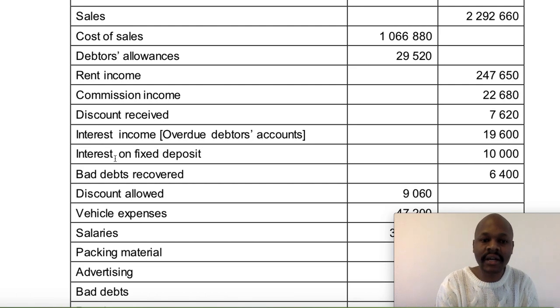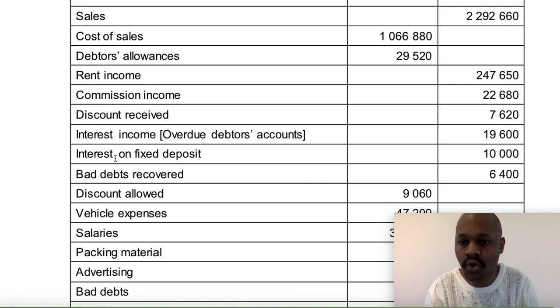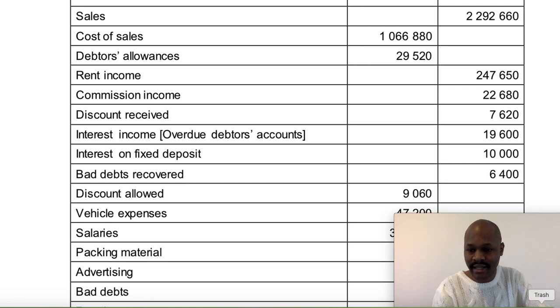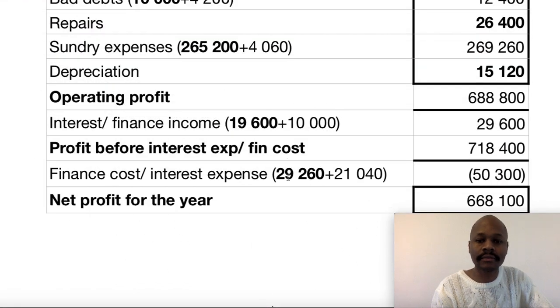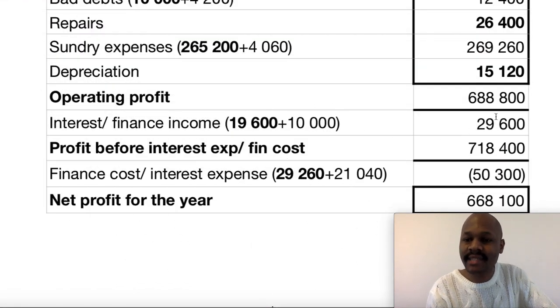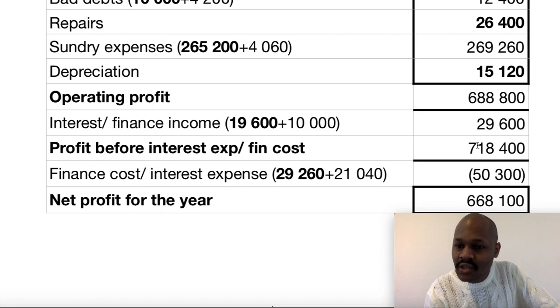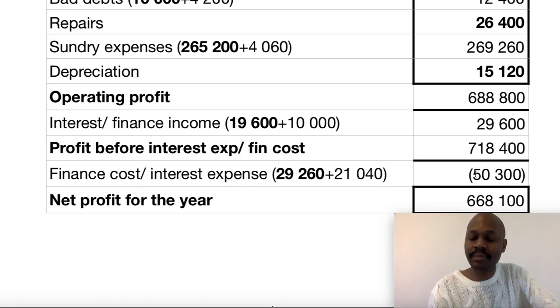How much did you receive? You received 10,000. So you added the two together, they give you 29,600. Let's go to our answer book. There, 29,600. When you add operating profit to finance income, they work out to 718,400. Then you add these two and subtract interest expense of finance income, 50,300. Your net profit for the year will be 668,100. That will be it, grade 11s.